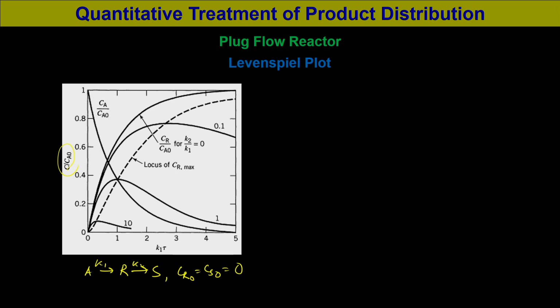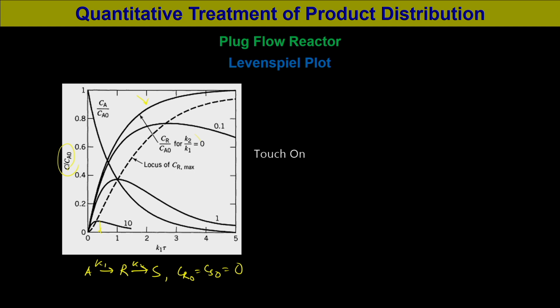You can see how the Cr by Ca naught can be changed with respect to K2 by K1. If we change K2 by K1 from say 1 to above 1, then the Cr variations would be small, and this is the curve for K2 by K1 is equal to 0.